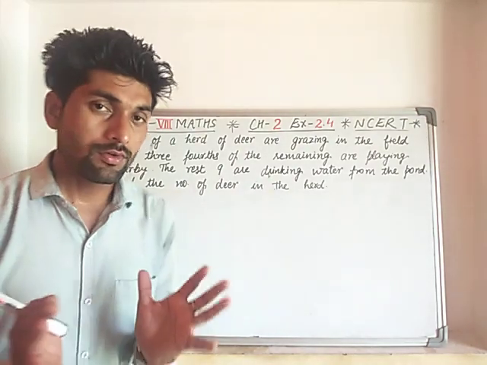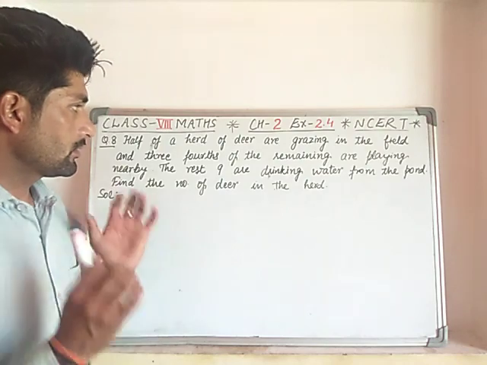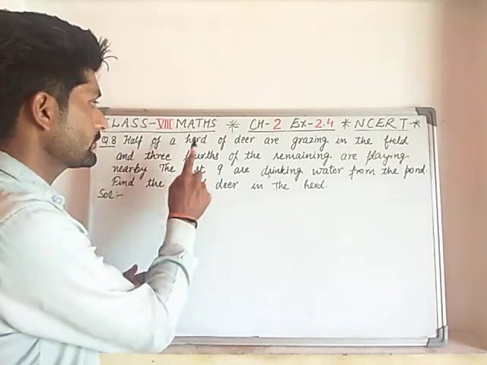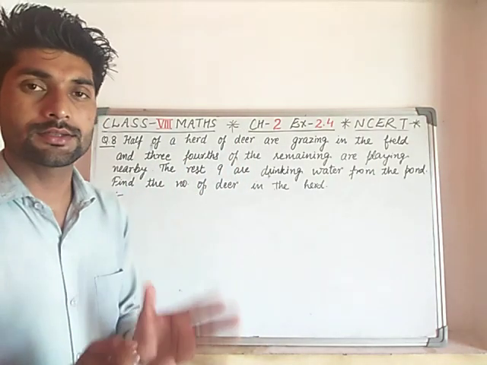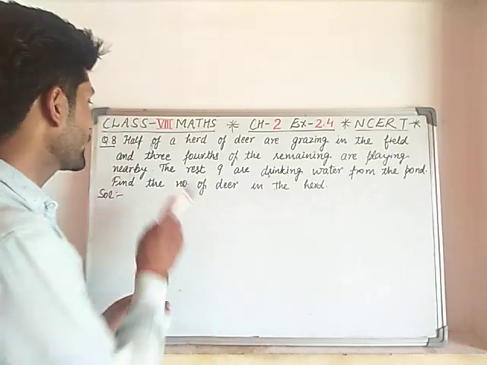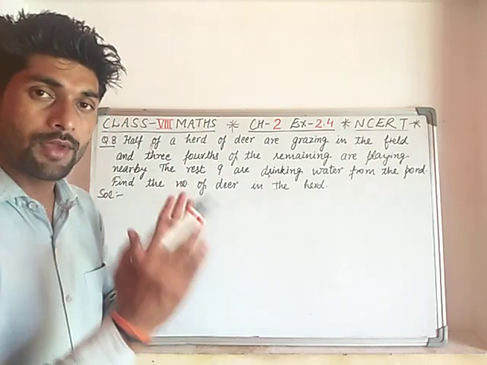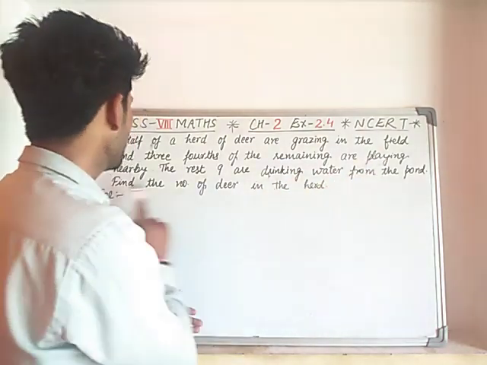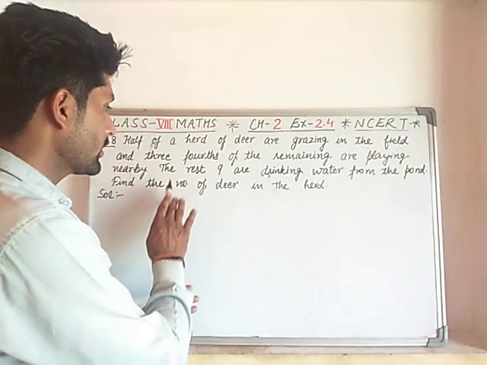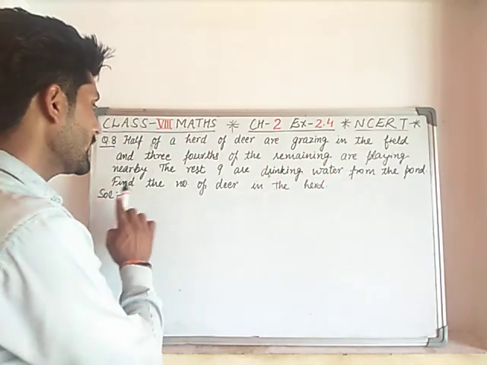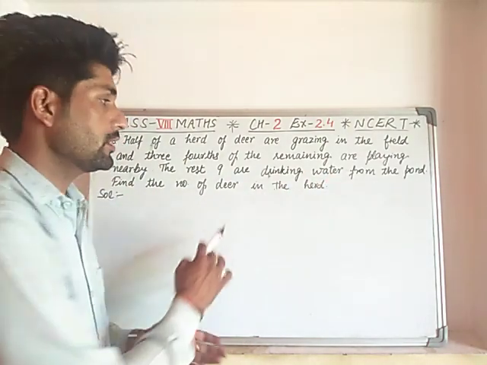So we have a herd of deer, in which half are grazing in the field, 3/4 of the remaining means 3/4 of half are playing nearby, and the rest 9 are drinking water from the pond. Find the number of deer in the herd.